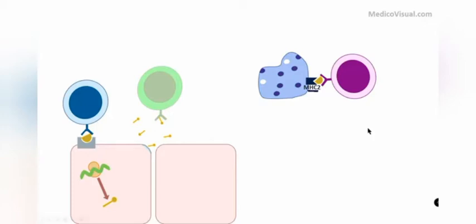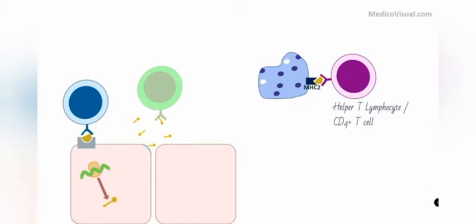So helper T lymphocyte is also called CD4 positive T lymphocyte because it expresses CD4 receptor. So with its T cell receptor, it will recognize and bind with MHC2 presented antigen, MHC2 bound antigen.